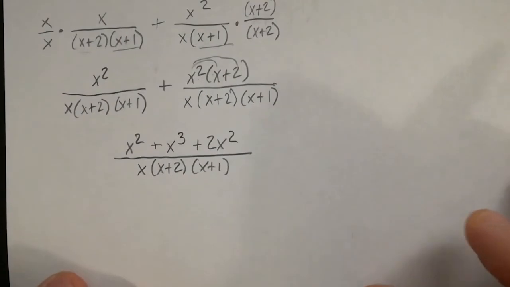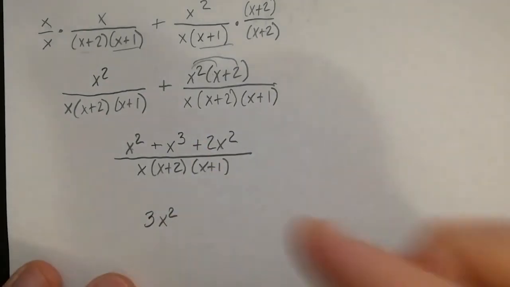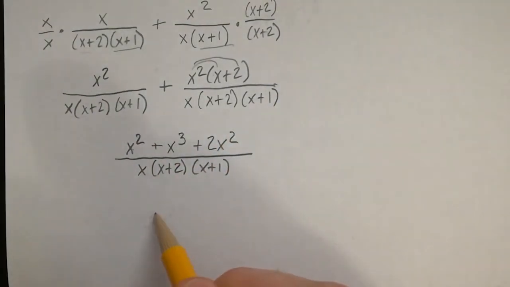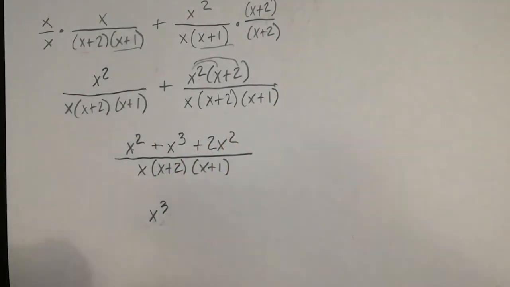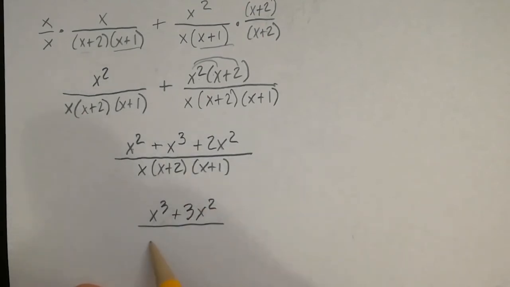Now I notice I have some like terms here, so I'll have 3x squared. And I'm going to put that x to the third first. It's always nice to have things in standard form, meaning you have the highest exponents first. So I'll have x to the third first, and then my 3x squared next, and that's all over x times x plus 2 times x plus 1.